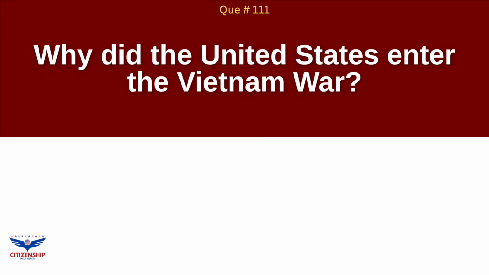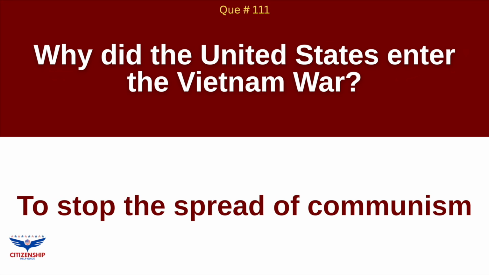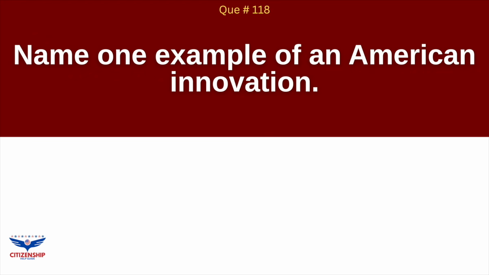Why did the United States enter the Vietnam War? To stop the spread of communism. Name one example of an American innovation. Light bulb.